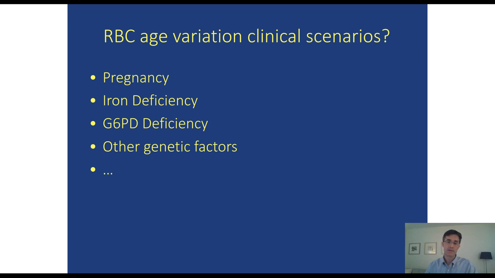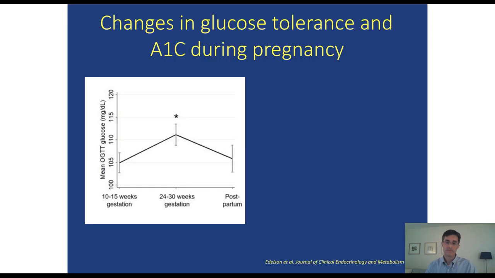We know in pregnancy that there are changes in red blood cell production. A recent study by Edelson and colleagues in the Journal of Clinical Endocrinology and Metabolism showed that in a cohort of pregnant women, the average glucose increased from the first trimester of gestation to the second trimester and beyond, and then after birth, the mean glucose decreased.